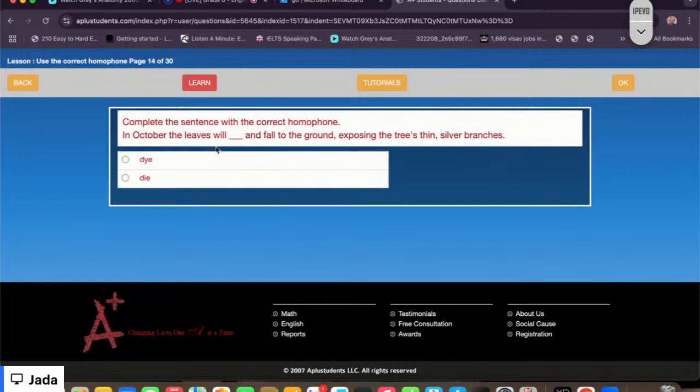In October, the leaves will dash and fall to the ground, exposing the tree's thin silver branches. Die or dye, first or second.